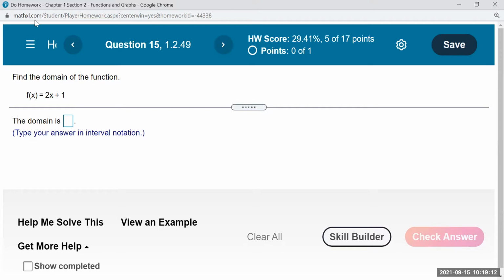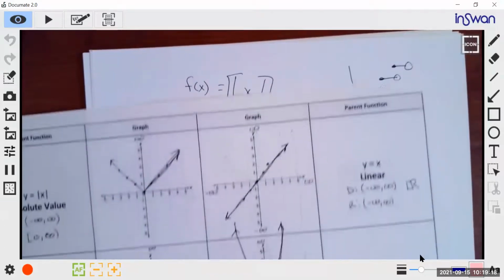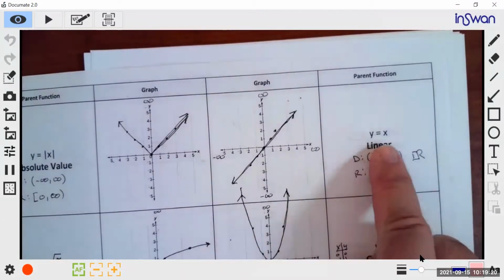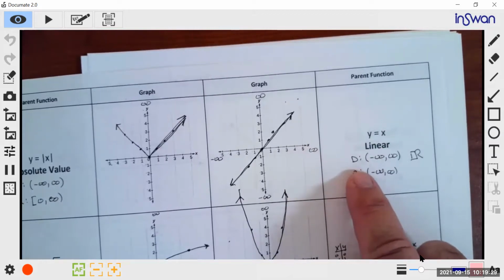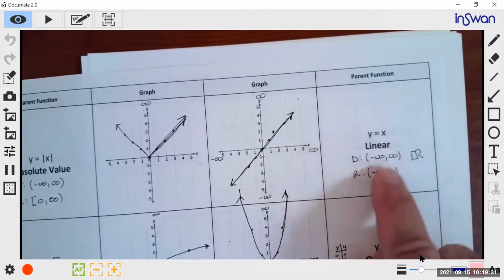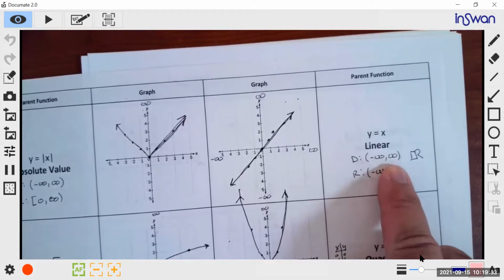Let me show you. Remember I said, if the x does not have anything around it, any exponent or radicals or anything, it's a linear equation. If it's a linear equation, the domain is all real numbers, and so is the range.